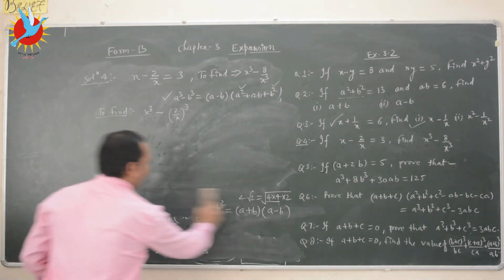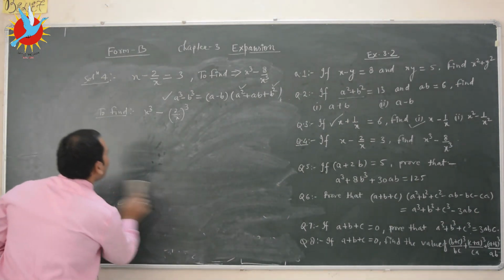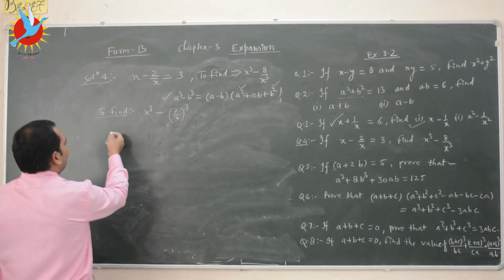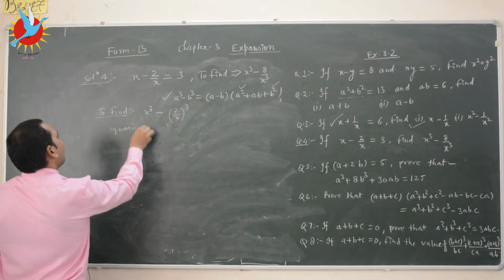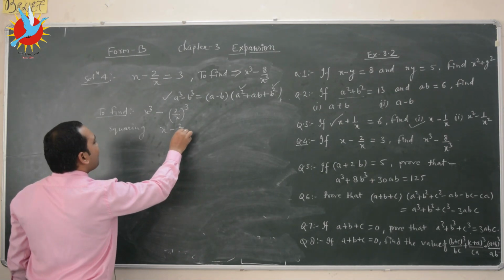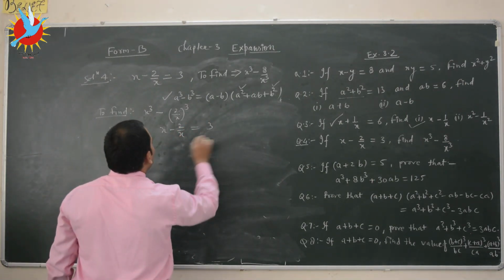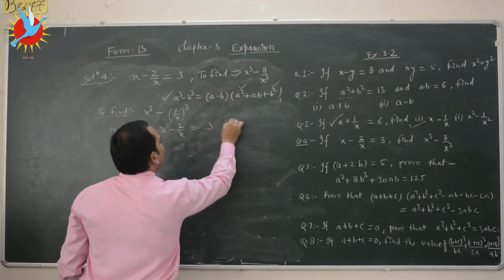So first of all we square this. Squaring x minus 2 upon x is equal to 3 on both sides.